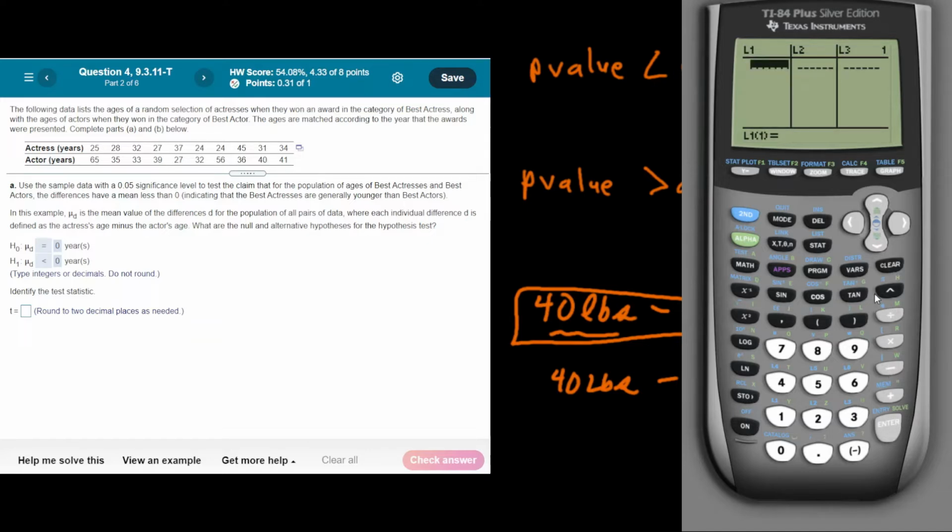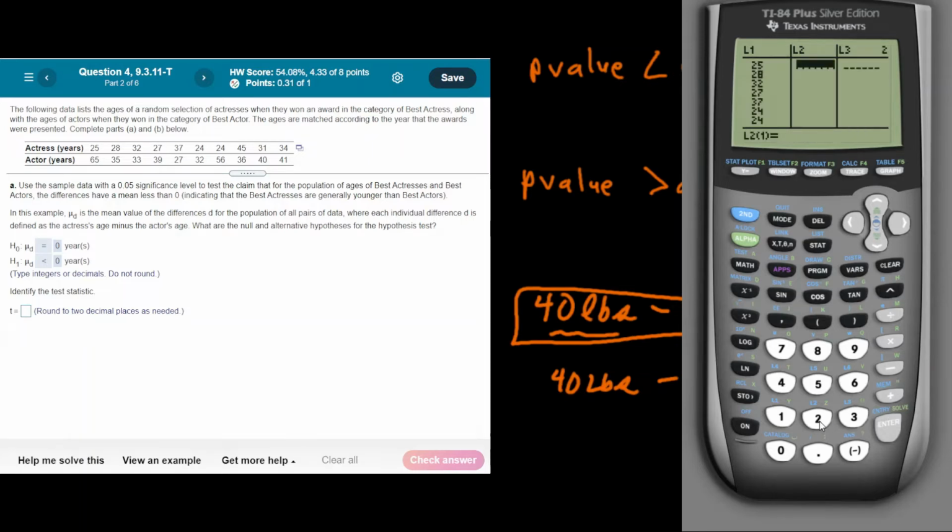So let's go ahead and put in our data. 25, 28, 32, 27, 37, 24, 24 again, 45, 31, 34.